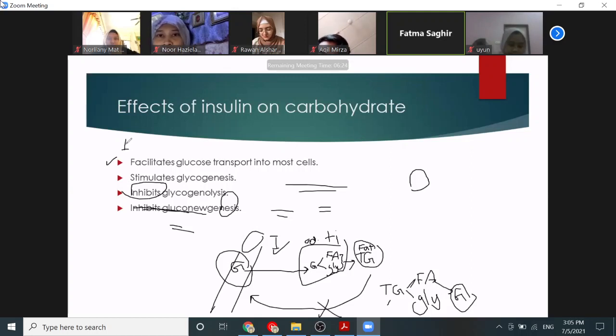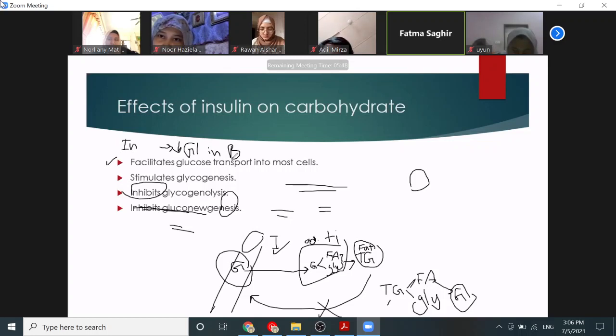You have to remember that insulin will try its best to decrease glucose in blood. That's the main function of insulin. So if we ask what insulin is doing on carbohydrates, the main thing is to decrease glucose. So uptake of all glucose.